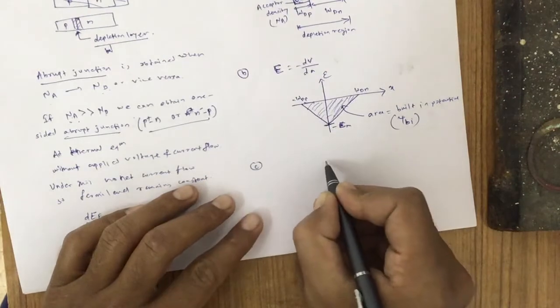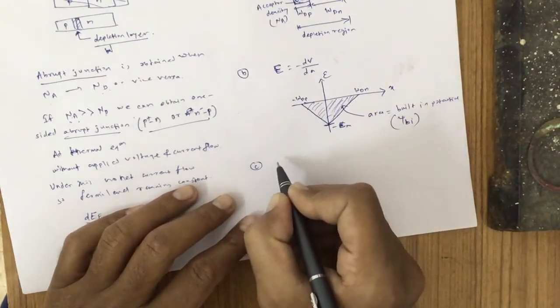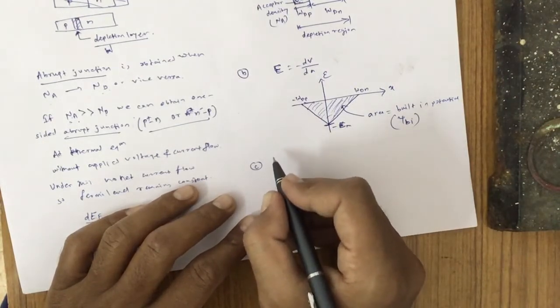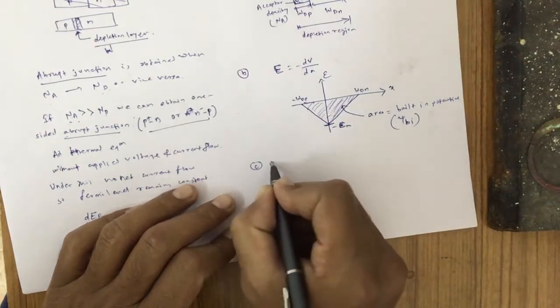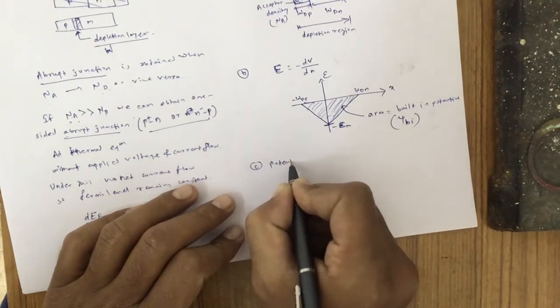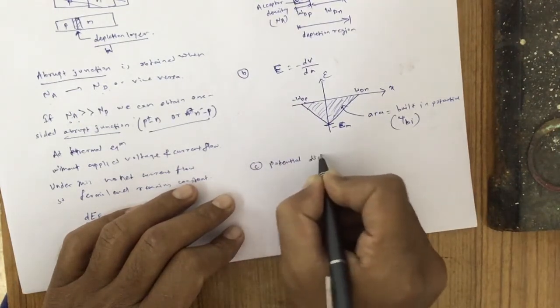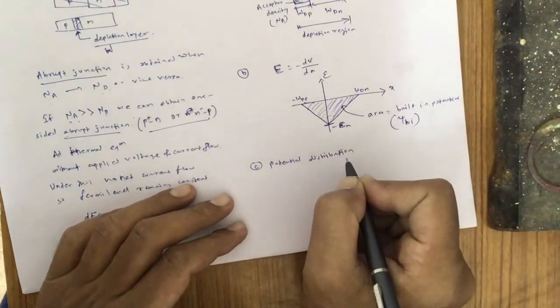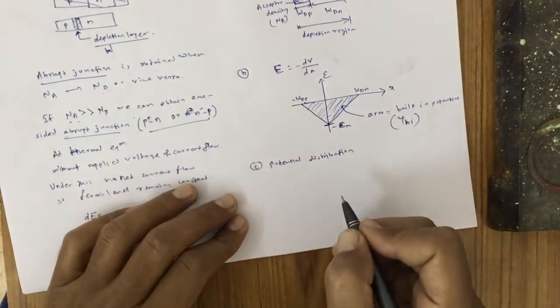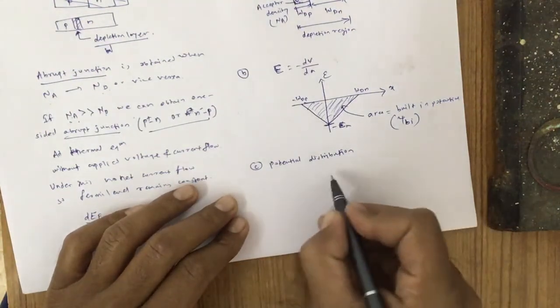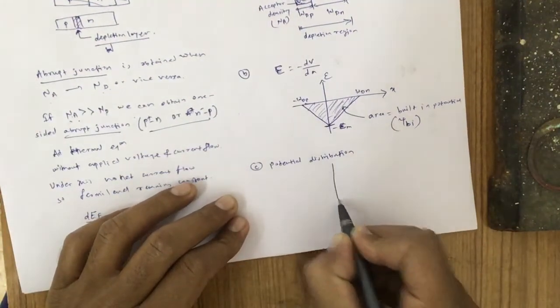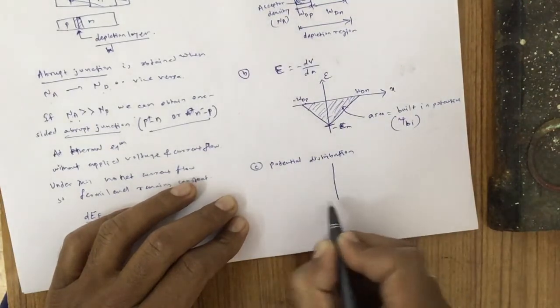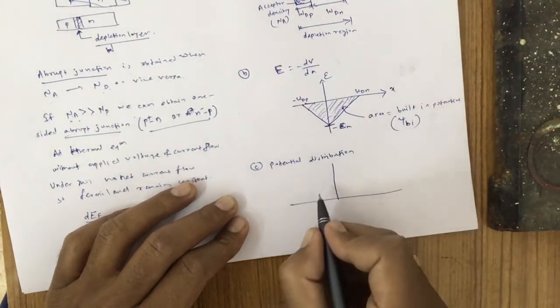So the third diagram which I am going to draw is the potential distribution. Potential distribution is quite an important one again.